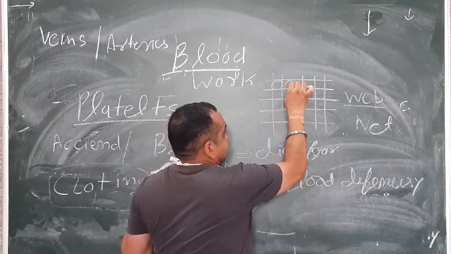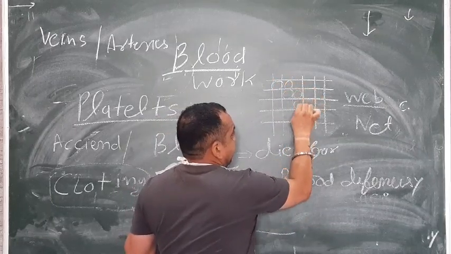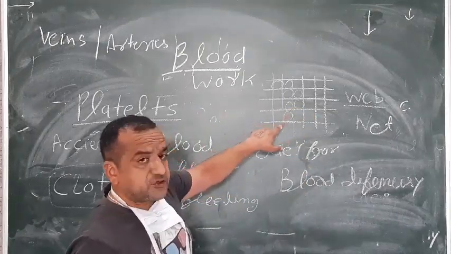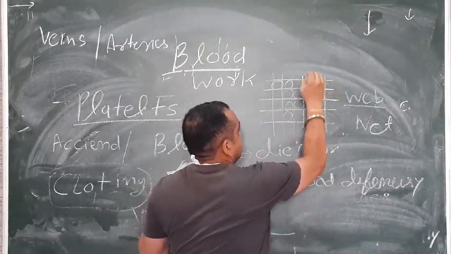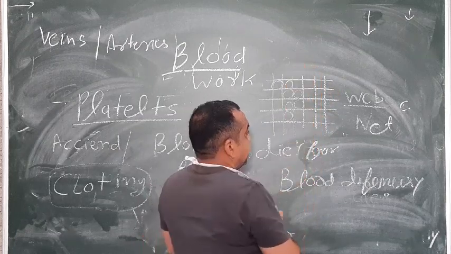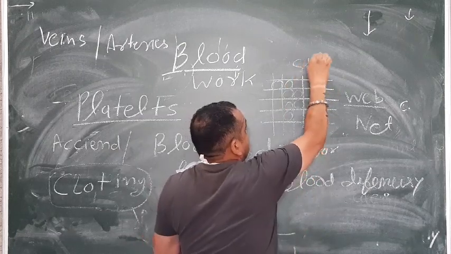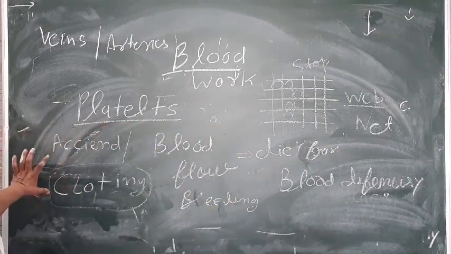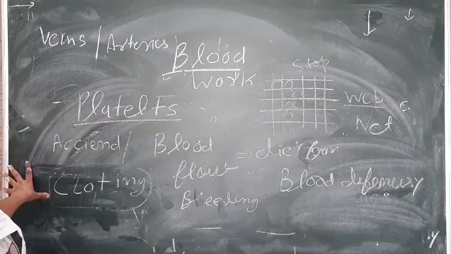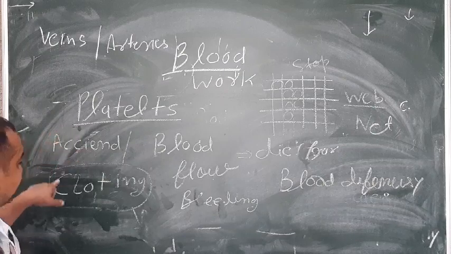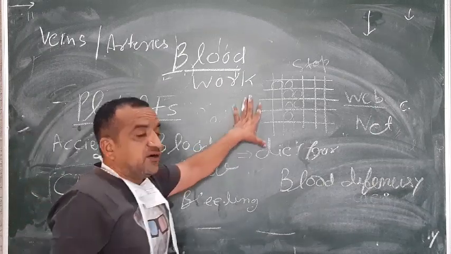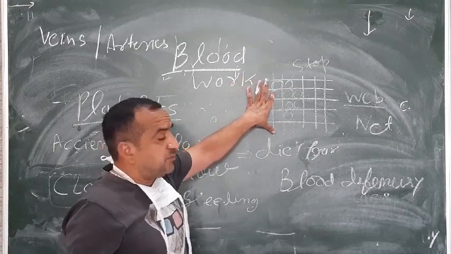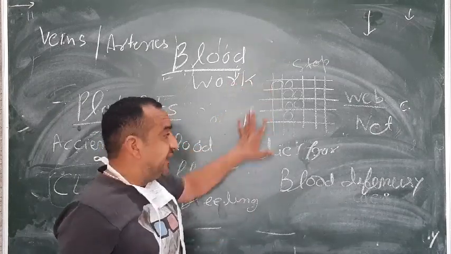Blood cells get fixed in the structure and stop the bleeding. This is known as clotting. So platelets make a clotting structure like a web or net, where blood cells get fixed and then stop the bleeding.